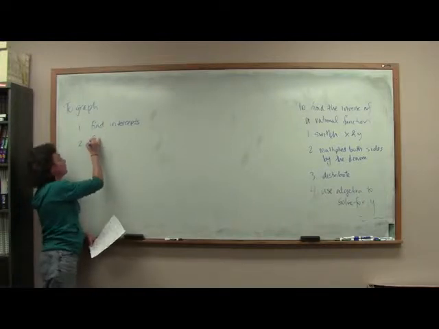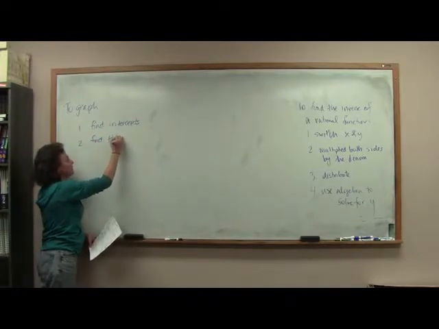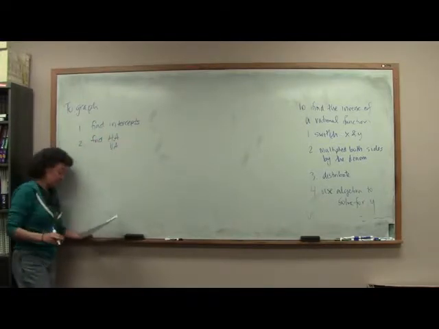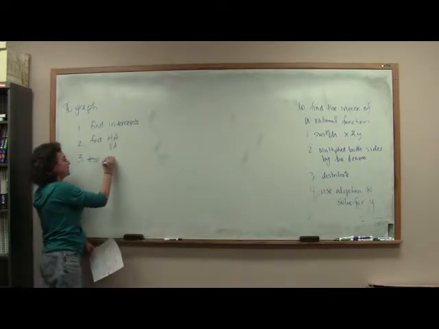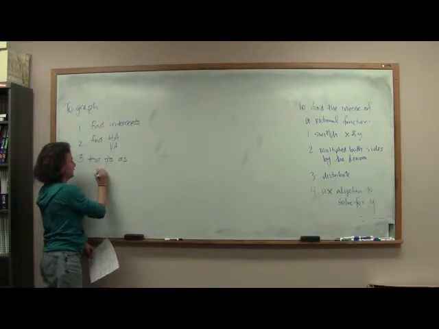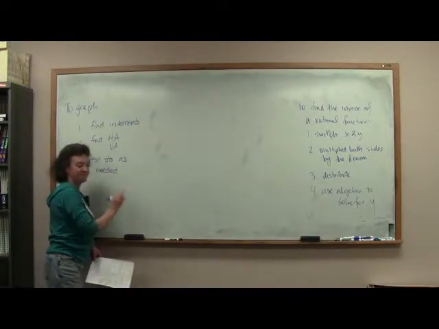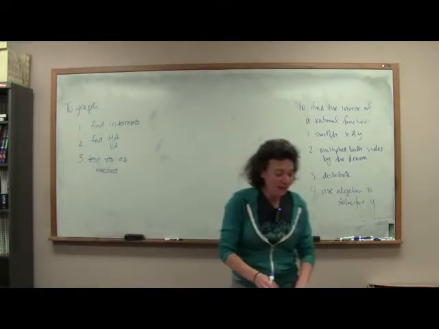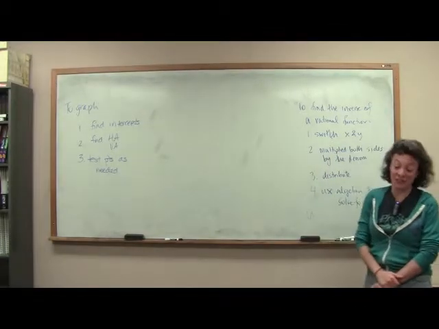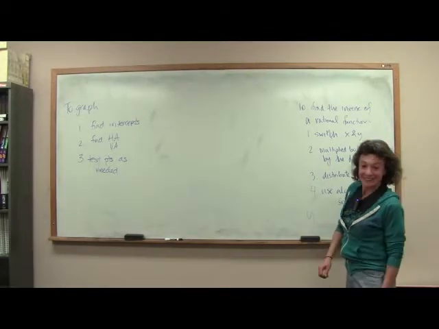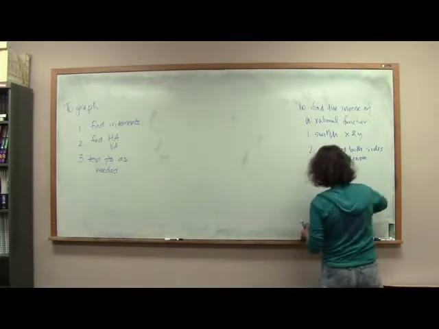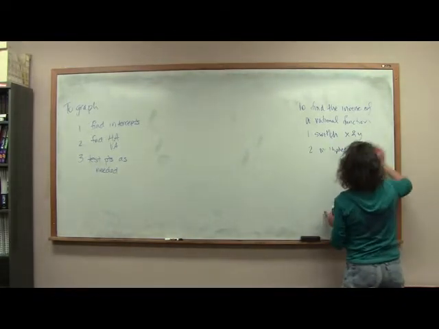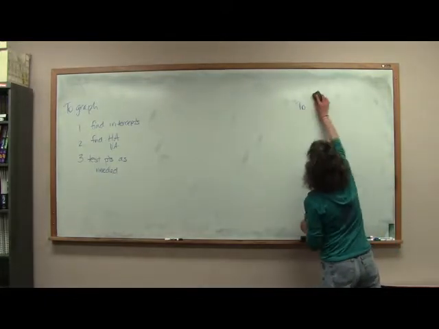Number 2, you want to find both your horizontal and vertical asymptotes. And then step 3, test points as needed. Now, the way this is written out, it sure looks pretty mellow, doesn't it? Okay, so let's go through and graph a bunch of different rational functions and see how our graphs look.